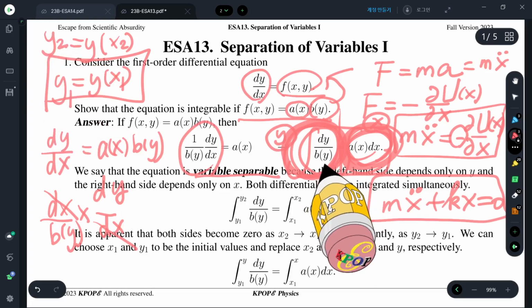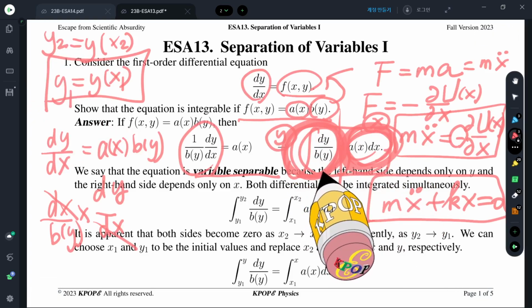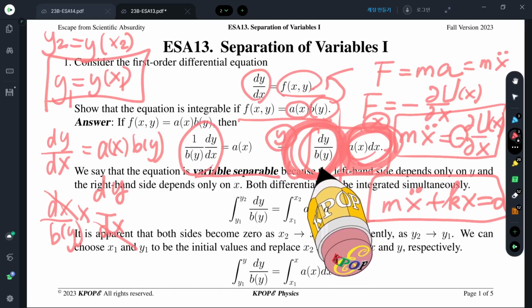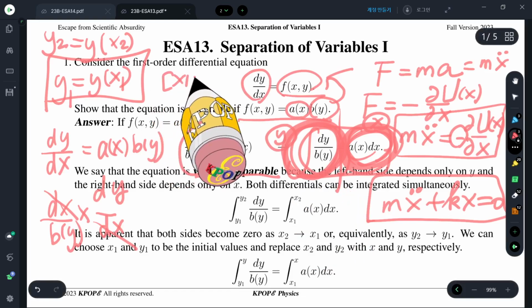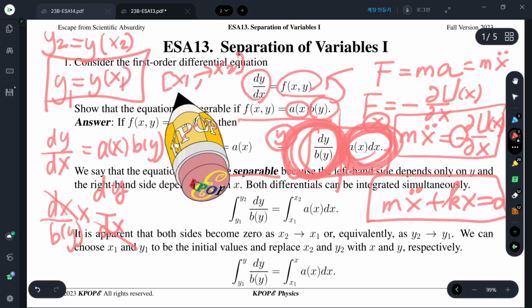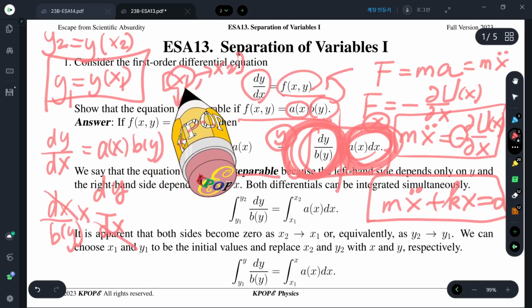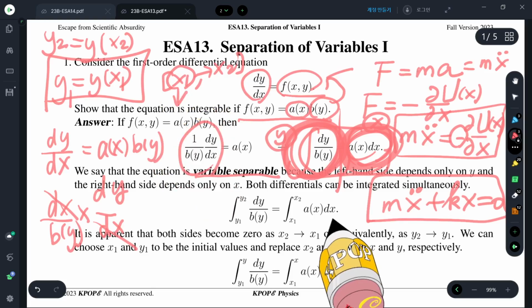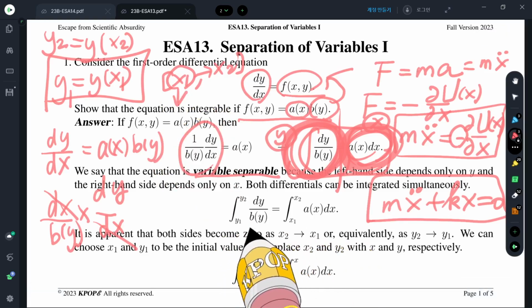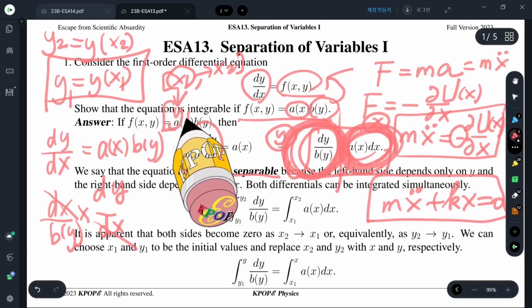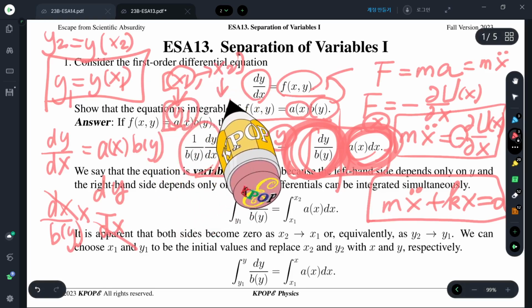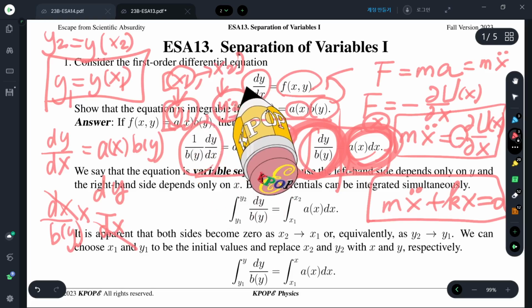So the integral should be carried out in the interval x1 to x2, but at the same time, if I have x1 on the right side, I must have y1 on the left-hand side, and they should match together.